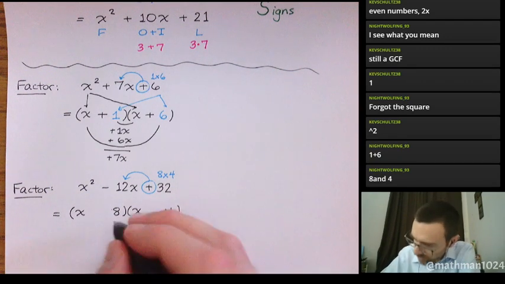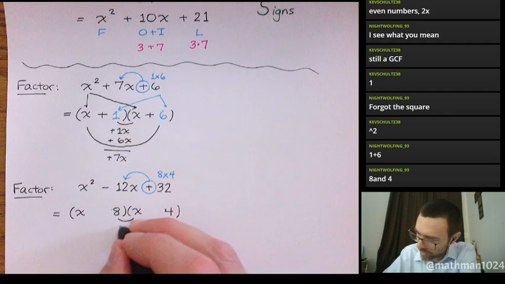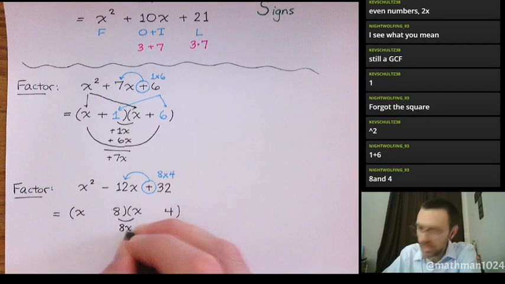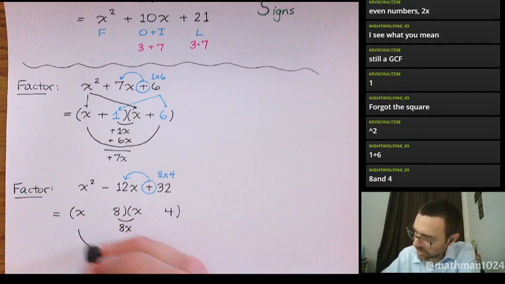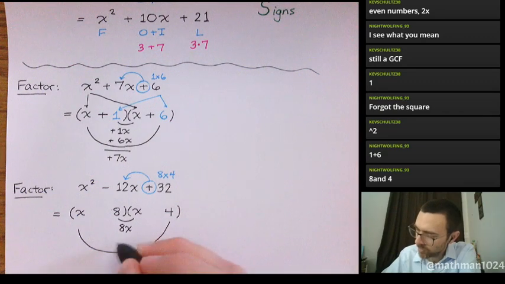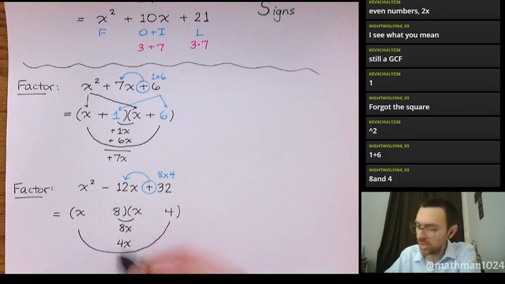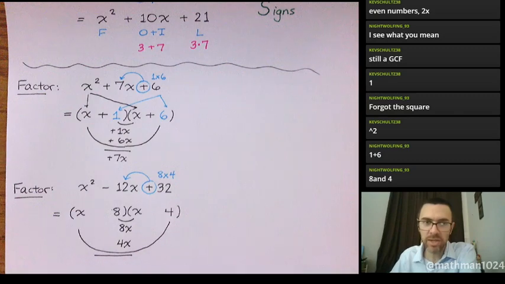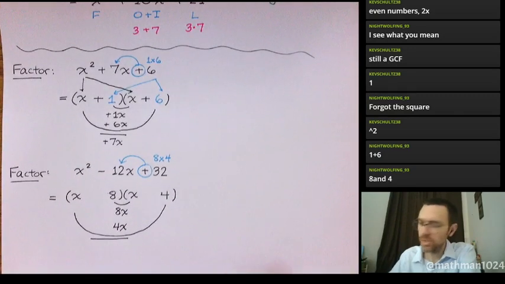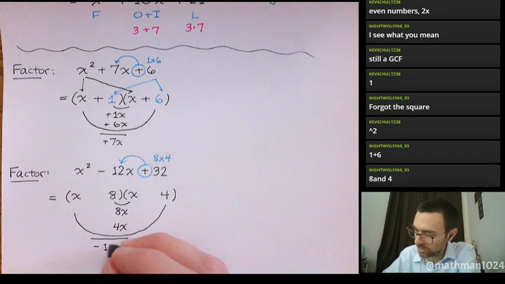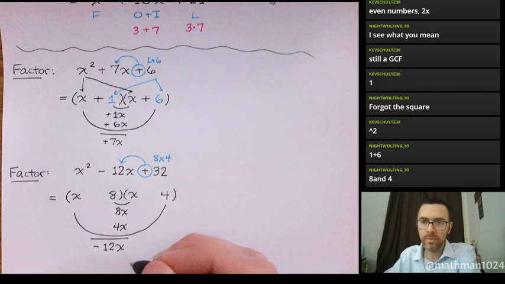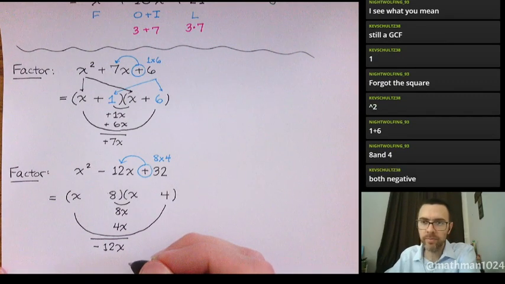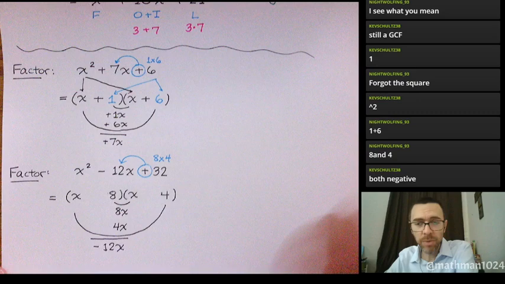Now, if I check this, and I'm just not worrying about the signs yet, I get 8x on the inside, and I get 4x on the outside. Now I'm supposed to somehow combine these guys to get that middle term that we see, which is a negative 12x. Right, so they do both need to be negative.